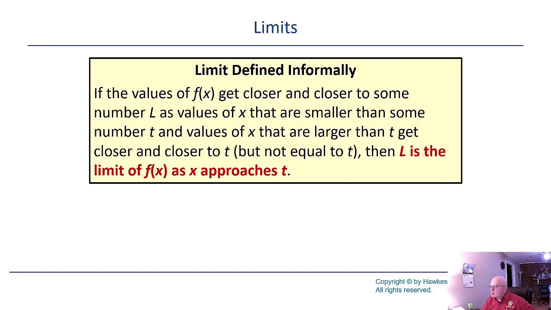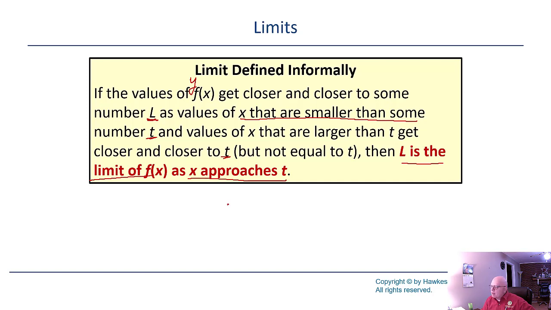If the y values get closer and closer to some number L as the values of x are smaller than some number, in other words, from the left, getting close to t, and the values of x are larger, coming from the right, and getting closer to that same t that we talked about up here, if they both get close to L, then L is the limit as x approaches t.